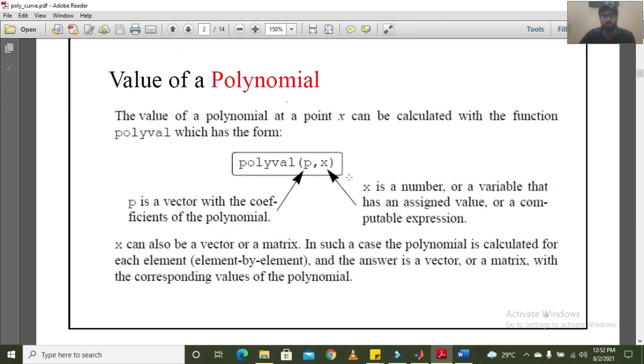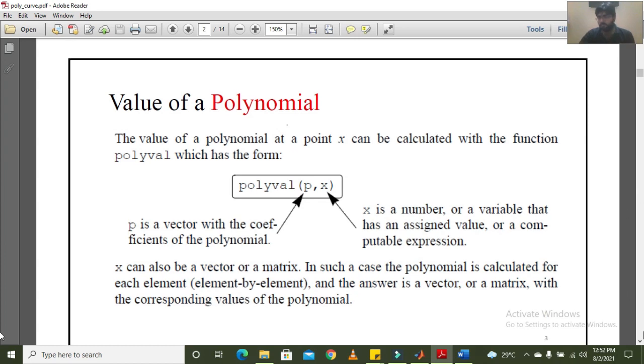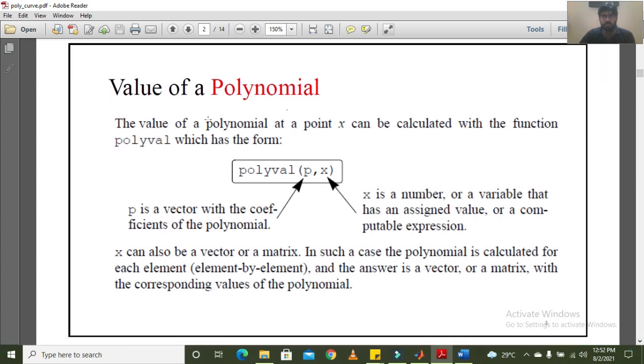Moving forward, next we have the topic of how we can calculate the value of a polynomial at a particular point.